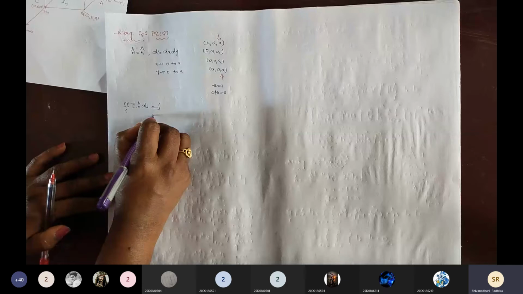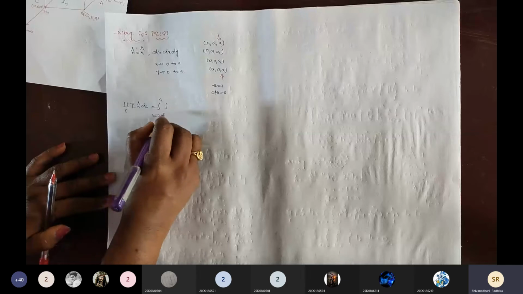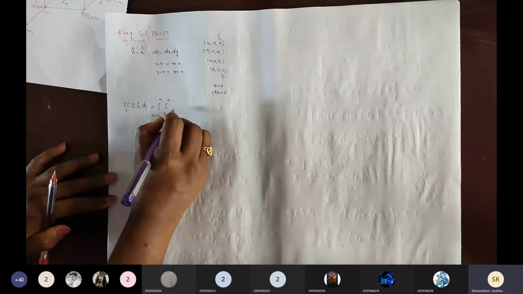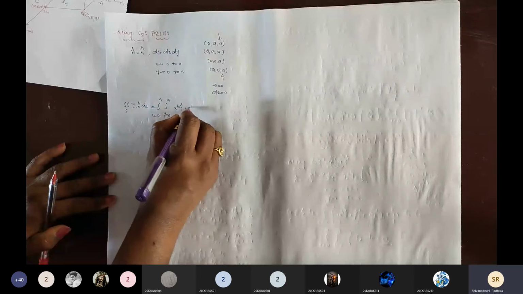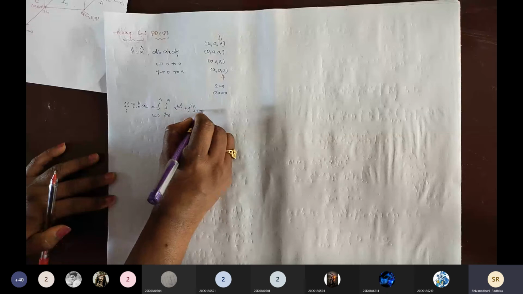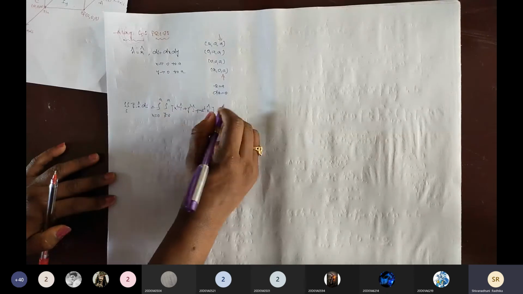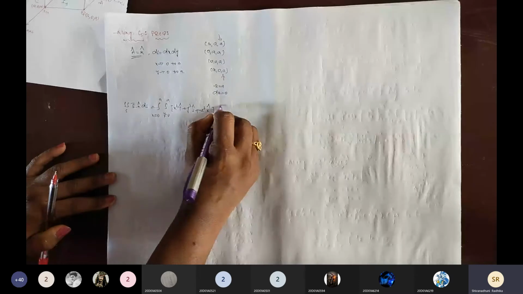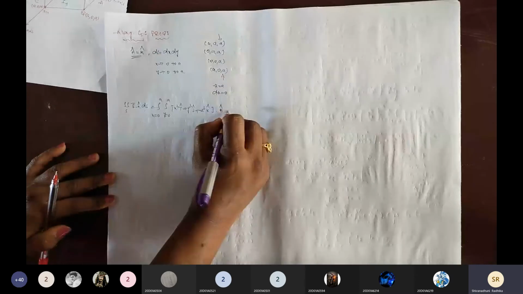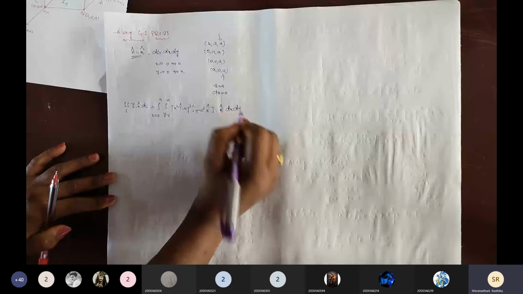So that is the integration x equals 0 to a, y equals 0 to a, of f bar, x cube i cap plus y cube j cap plus z cube k cap, dot n cap, which is k cap, ds. What is ds here? dx dy.